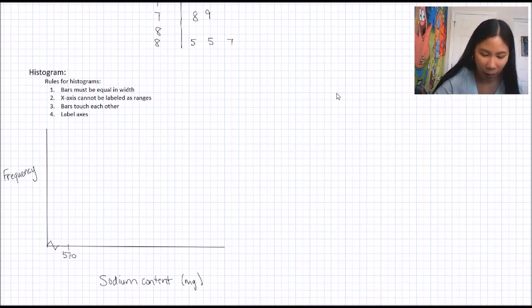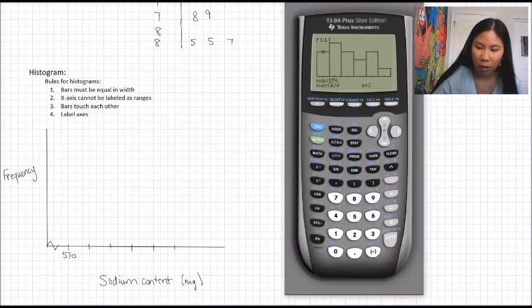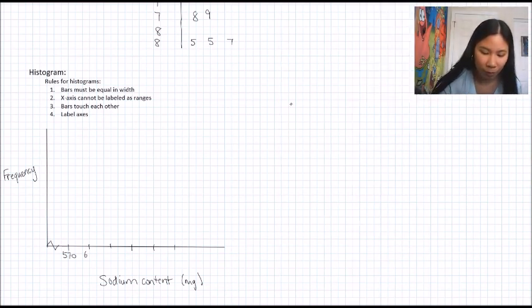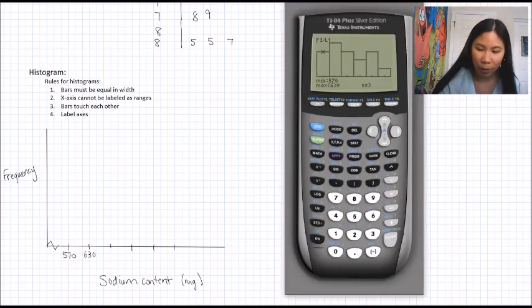And then I'm just going to make the same width for all of my bars. I'll just do 3 boxes because why not? You can choose. But that next bar is going to start at 630. So I'm just going to label this here. And so it looks like each of my bars are going by 60.